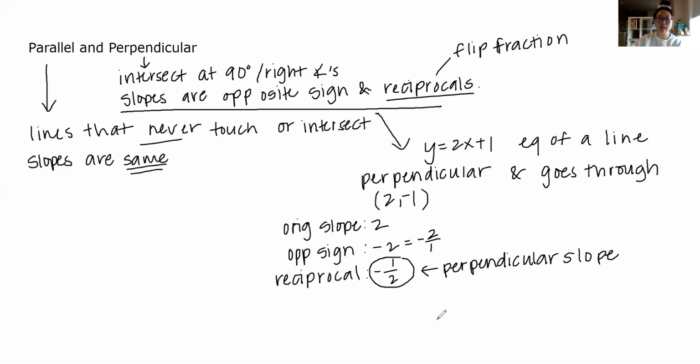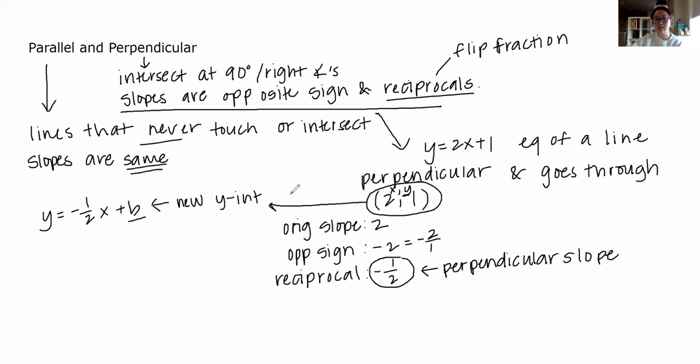Now we're going to rewrite my equation just like I did for the parallel line equation. I've got my y, my new slope of -1/2 x, and then plus b, because I need to solve for this new y-intercept. I'm going to use my (x, y) to plug in and solve for that new y-intercept.